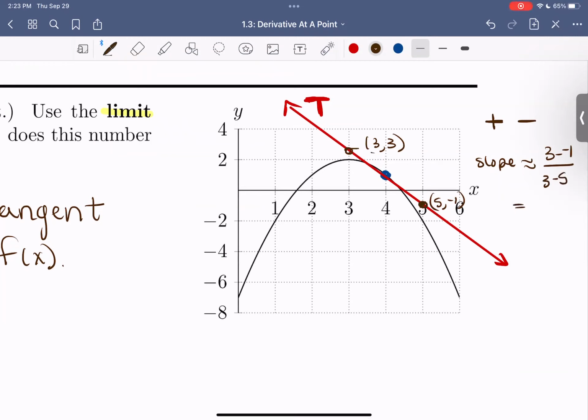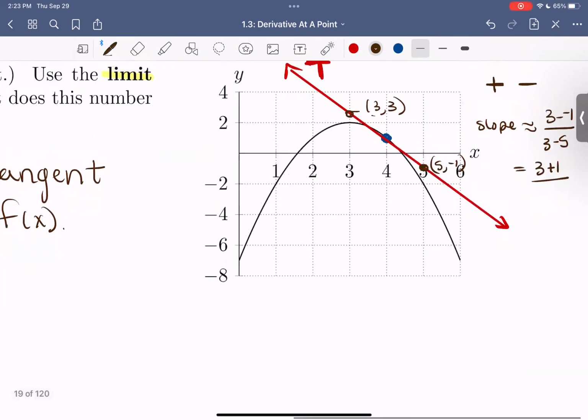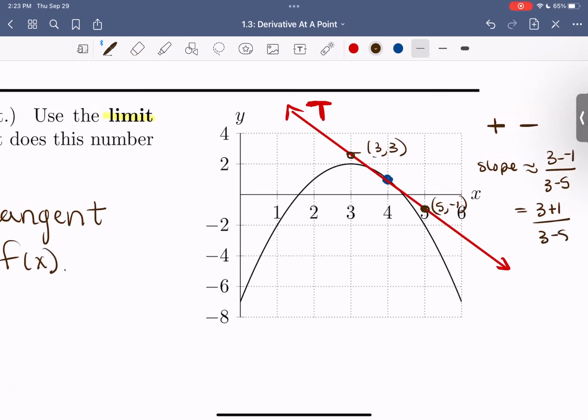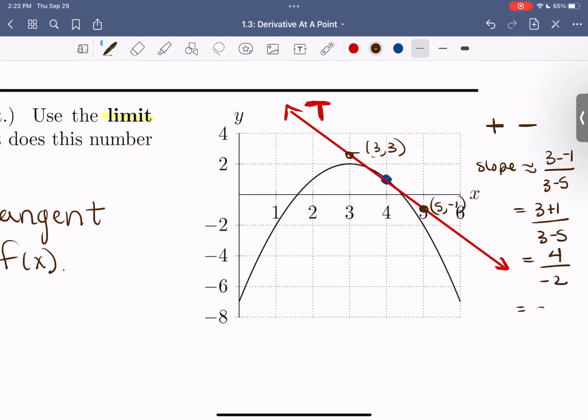So that's going to be about 3 plus 1, because we have 2 negatives canceling out, over 3 minus 5, which is 4 over -2, which is -2. So the slope of our tangent line at that point should be about -2.